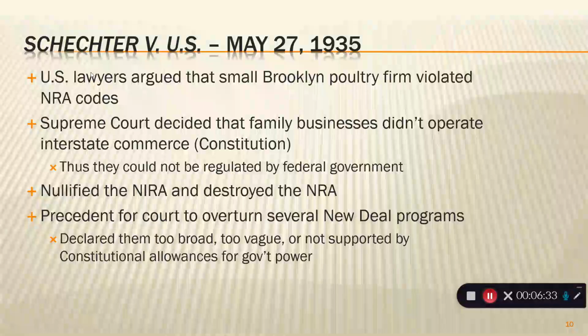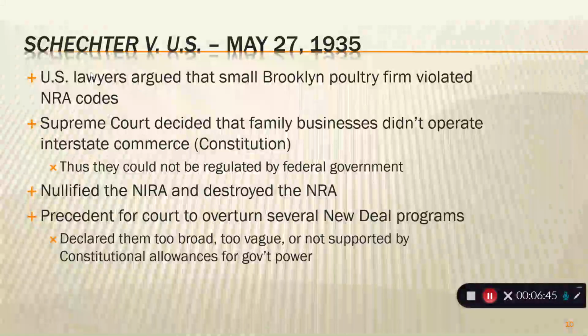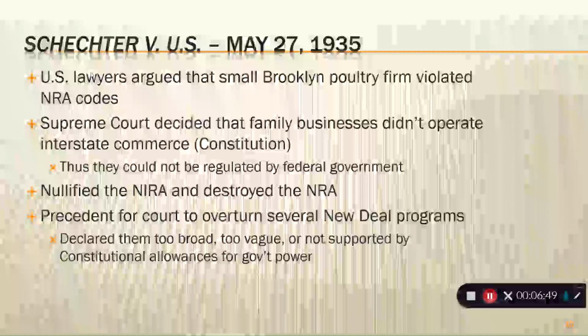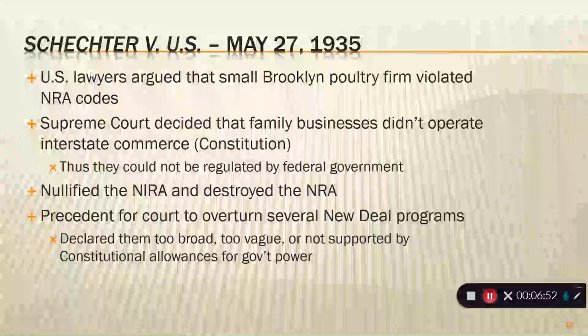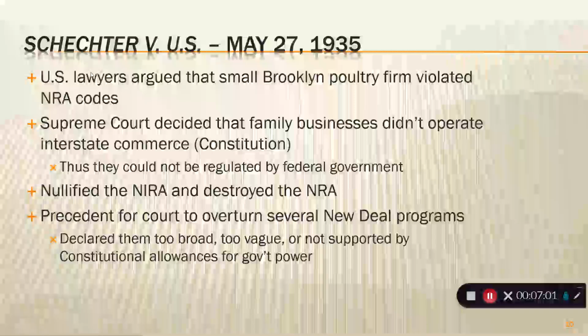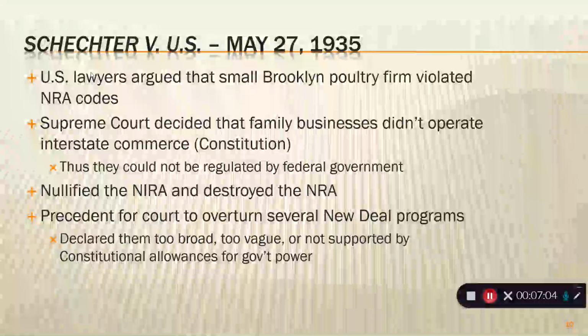And so lawyers for the US government bring a case against it and say, you need to do these things, you need to follow these codes. Ultimately, the Supreme Court said, well, the Schecter Brothers company does not do business across state lines. And constitutionally speaking, that is the only sort of provision that allows the government to get involved in regulating the economy.